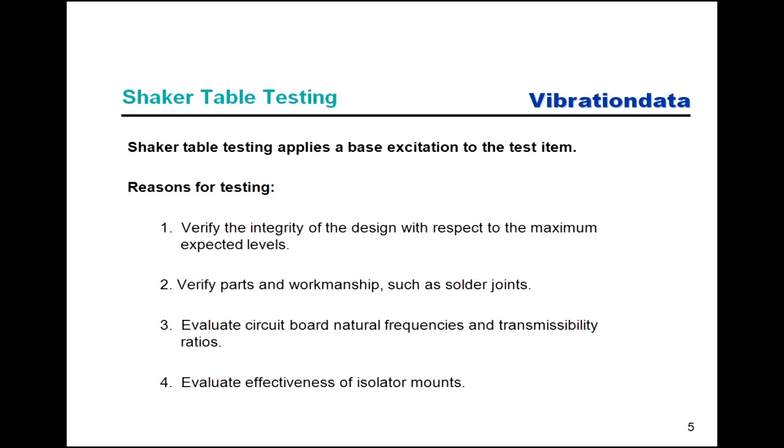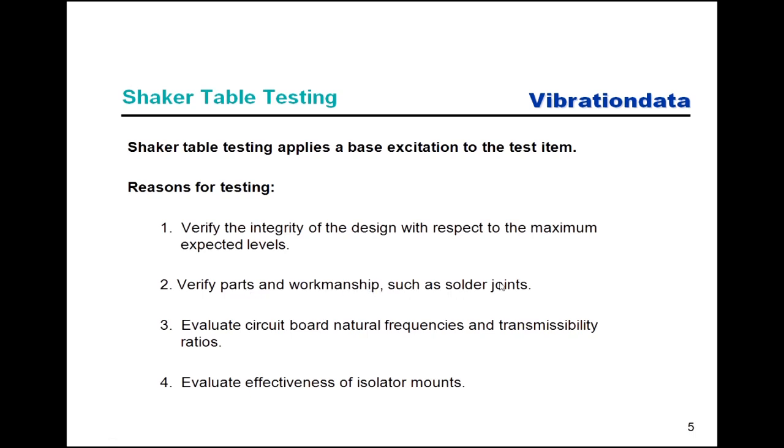And in addition to verifying that the avionics box has good parts and workmanship, we also need to verify that this test level envelops the maximum expected flight level. But this qualification level in number 1 would be maybe 3 to 6 dB higher than the vibration level for the actual flight unit. And there's different cases.